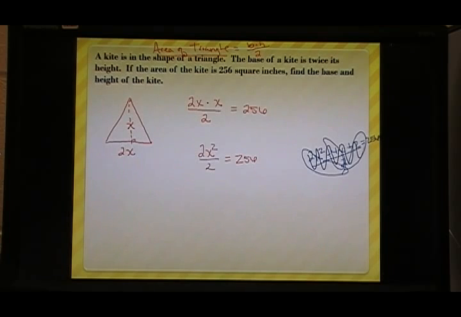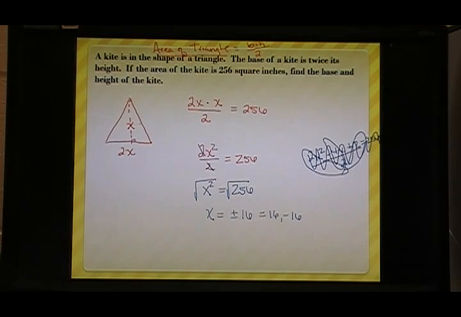I don't. I've got this, so I can just go ahead and cancel those out, and I have x squared equals 256. I can then take the square root of both sides, and I get x equals plus or minus the square root of 256, which is 16. So that's 16 or negative 16.